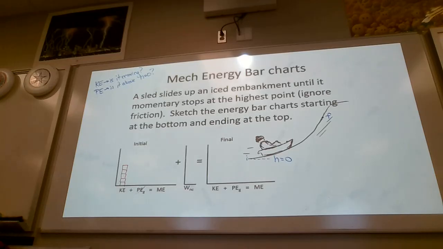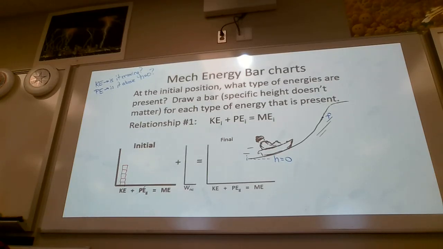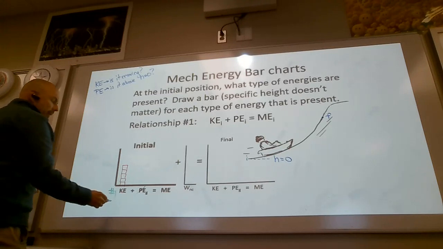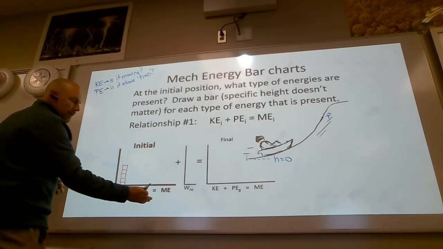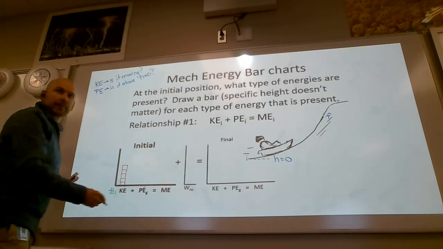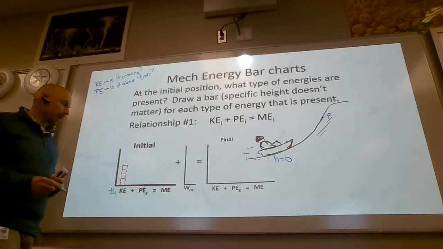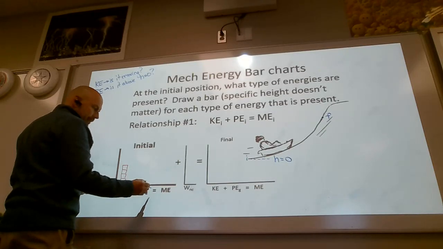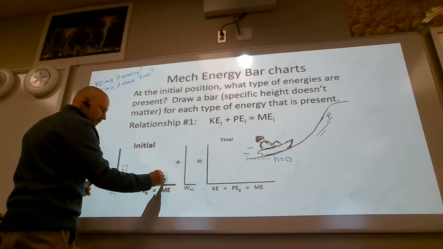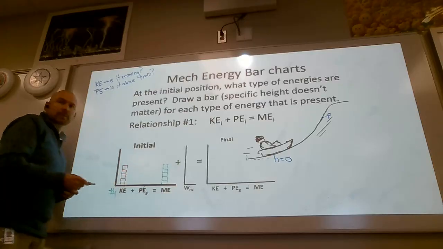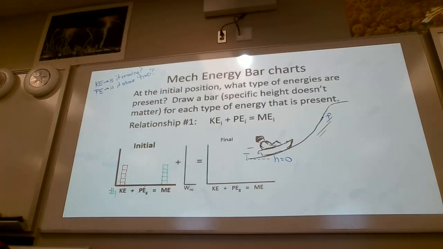So relationship number 1 says this: my kinetic energy plus my potential energy equals my mechanical energy. My checking account plus my savings account equals the money in the bank. How much money do I have in the bank? Well, I gave myself 5 pennies, so I have 5 pennies. Does that make sense? That's relationship number 1: my checking plus my savings gives me the money in the bank. So that's my initial scenario.